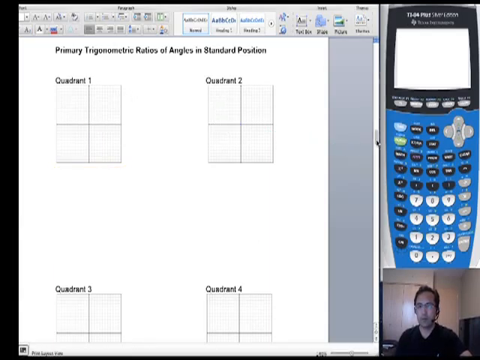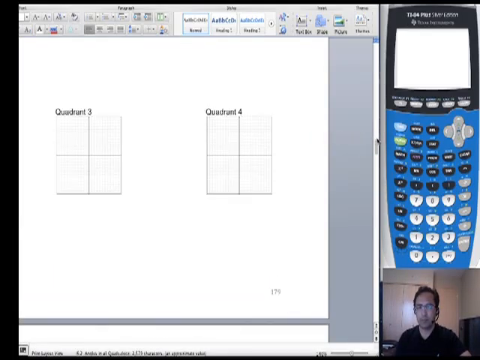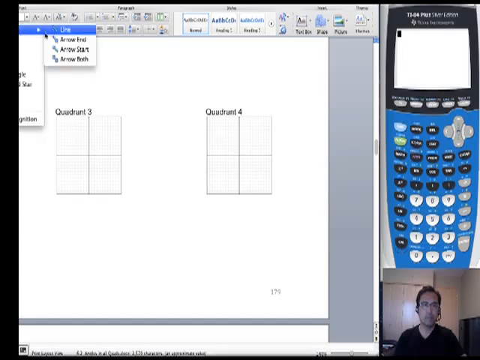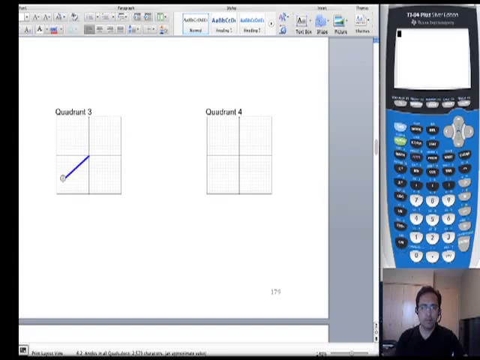Let's move down here. I should have got more of a page in there, that would have been better. But we'll focus on these guys for now. So in quadrant 3, same sort of deal here. We'll drop a perpendicular. But you notice that both the x and the y are negative. So here we have an r, here's a negative x value, and here's my negative y value.